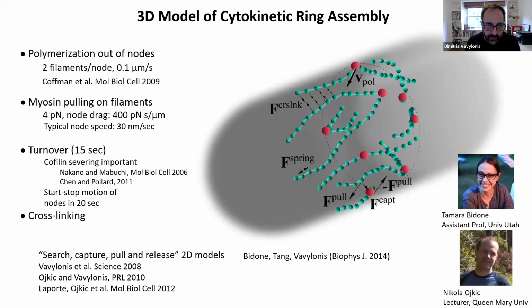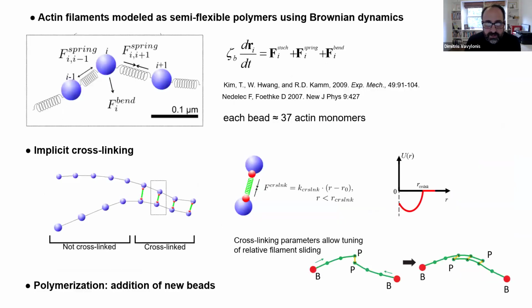So we call this model stress capture, pull, and release because these filaments grow, they get captured and pulled, and then through cofilin-mediated severing, they turn over and renew themselves. So these are the elements of this Brownian dynamic simulation, where each filament is represented as a series of beads connected with springs.